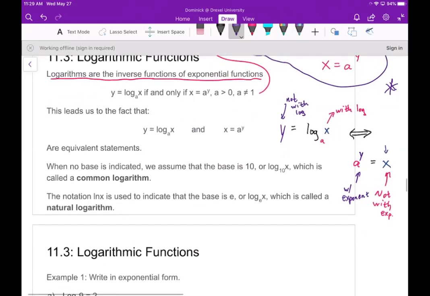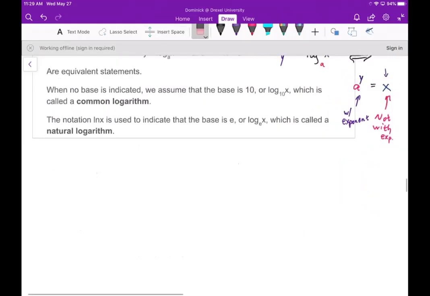Some other things that we should mention here are that if you have a logarithm where there's no base, so if it just says something like log x, that means that you have log base 10, right? So if there's no base written, it's log base 10, and we call this a common logarithm.